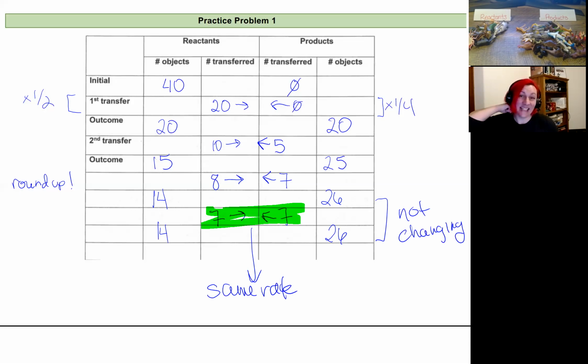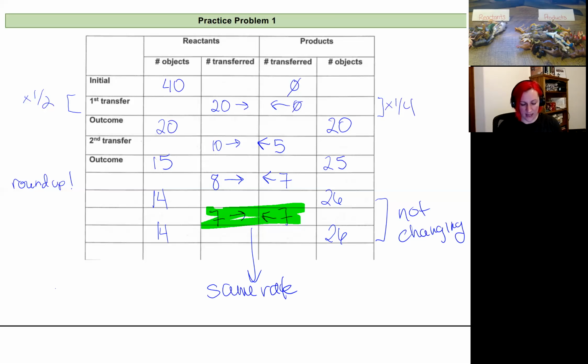Fantastic. I can characterize this reaction of like a hodgepodge of small figurines. And the way that I would do that is I would look at the ratio of my reactants to my products. So I could start with a lot more or a lot less, but I'll always hit the same ratio at the end when my rates are the same.